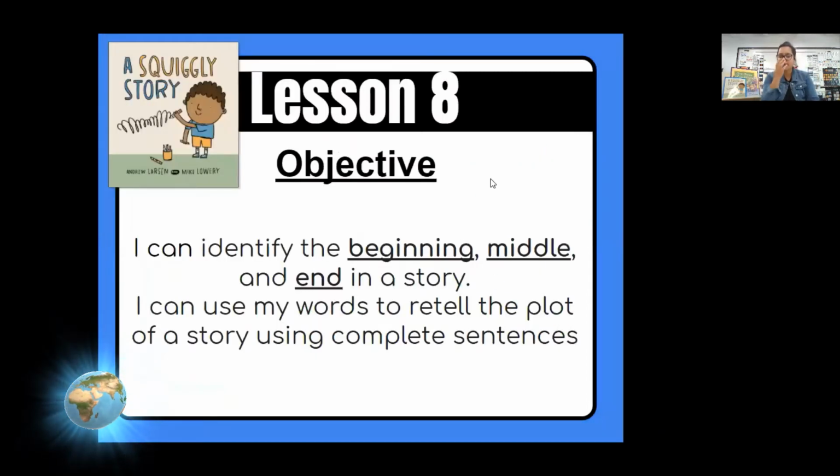And for lesson number 8, I have 2 objectives. I can identify, find the beginning, middle, and end of the story, which we did with the Squiggly story. And also, we can write it, but I would love for you, once we finish this activity, to share and use your words to retell the plot, which is the beginning, middle, and end of your story, using complete sentences.